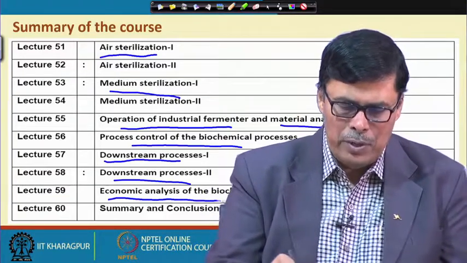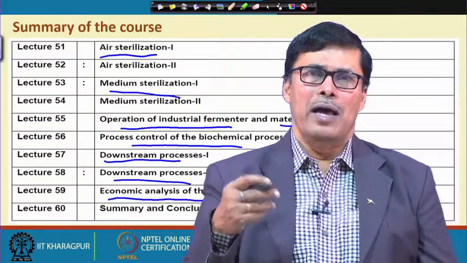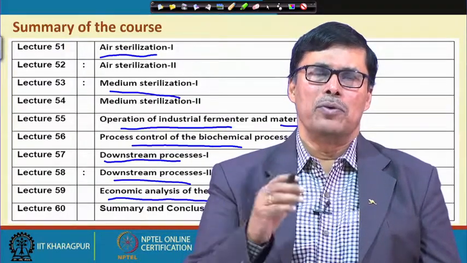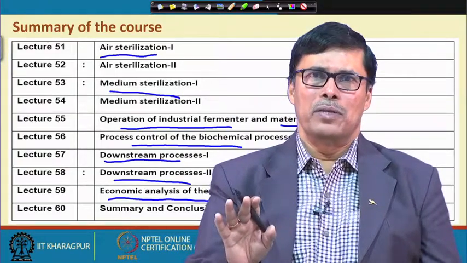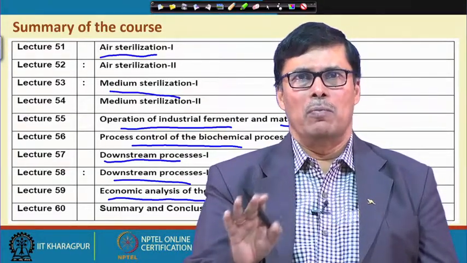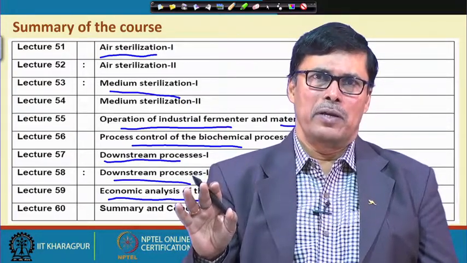And finally, we discuss the economic analysis of the bioprocess, just to give you an idea, because we have come across 2 types of expenditure involved in the bioprocess or any kind of chemical or biochemical industry. One is the fixed expenditure, and the other is the operating expenditure.